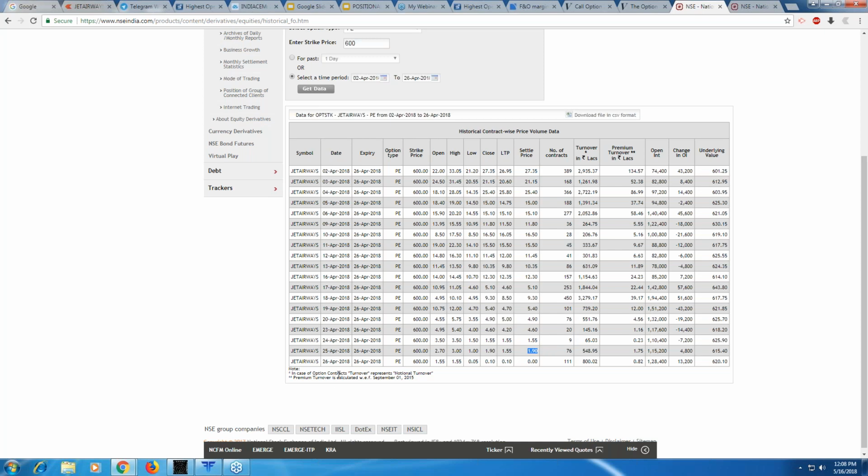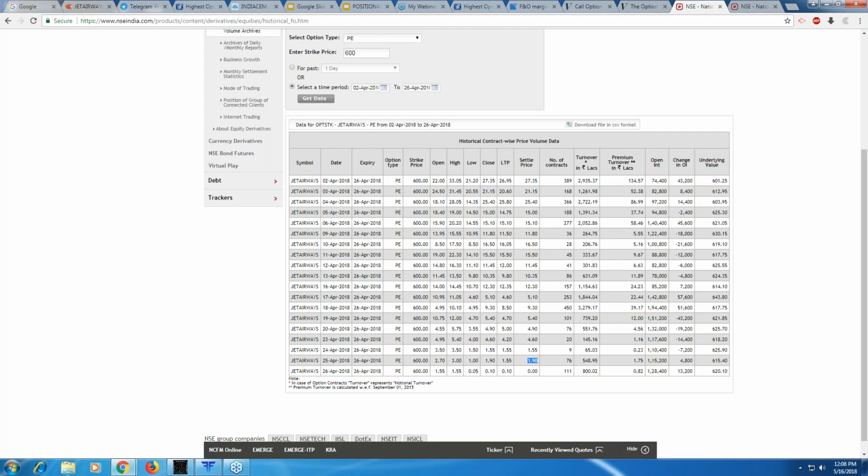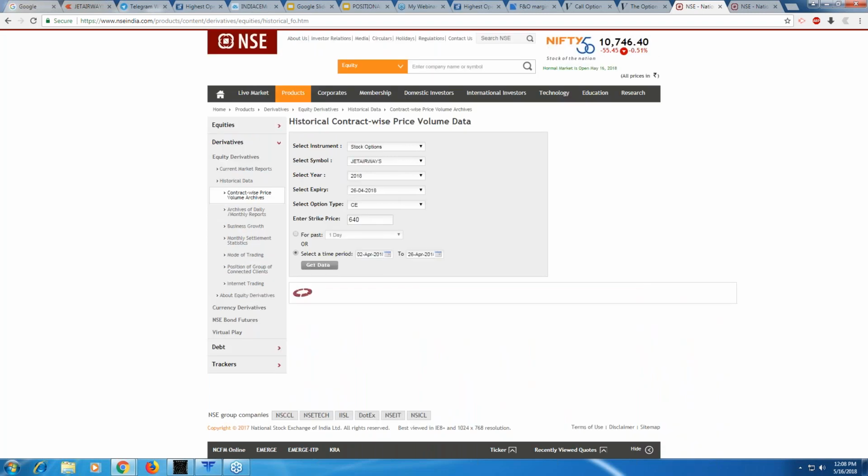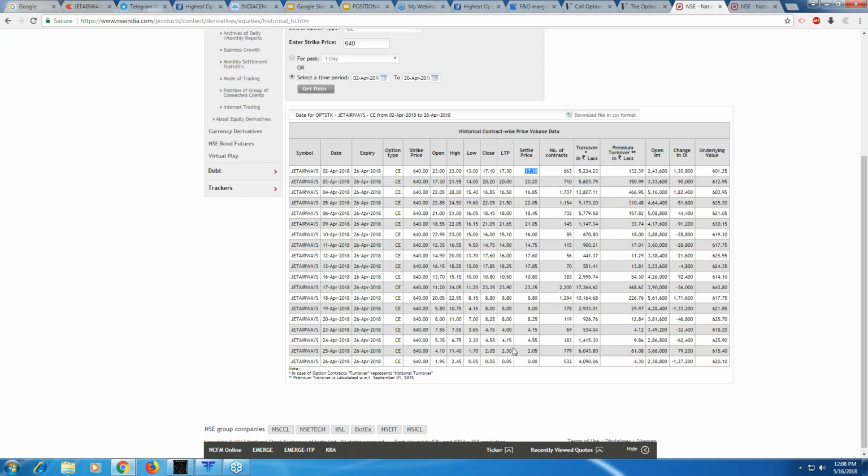Now I'm going to look into the call, what is happening to the call, and the strike price I'm going to take as 640, right? And I'm going to see for the same period what's happening. So the call was at 17 rupees, but that also expired worthless. In between, whatever may happen, from 17 it went to 23, etc., but at the end of the month it just expired worthless, right?